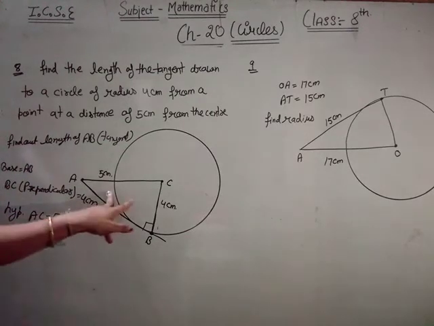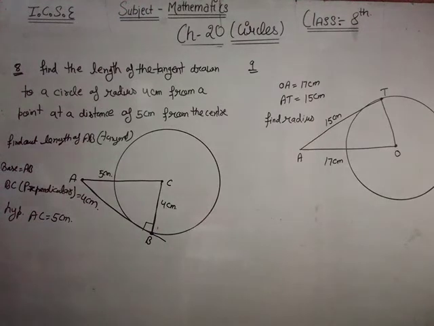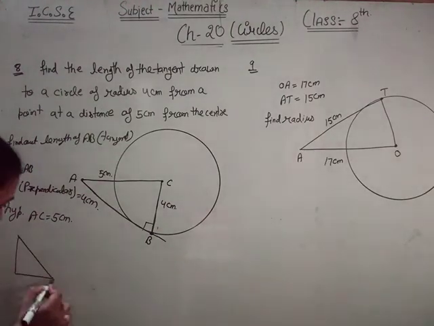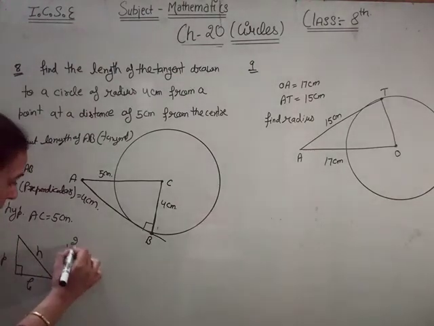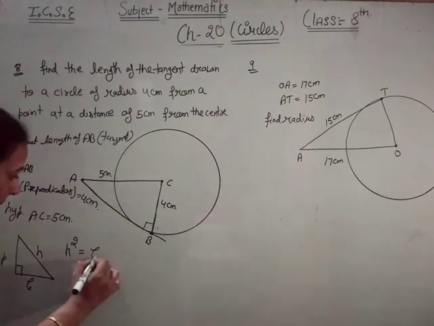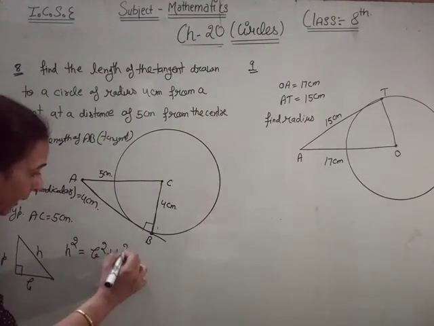And we know that in a right angle triangle we use Pythagoras. Hypotenuse square equals base square plus perpendicular square.